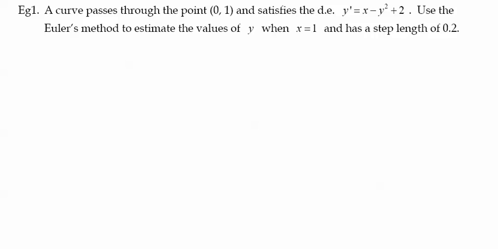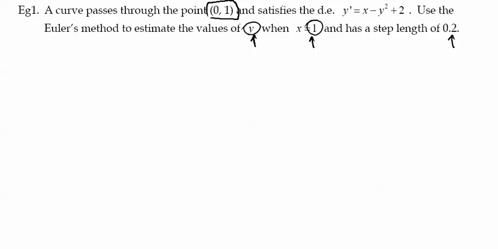So here in example number 1, using Euler's method, we are going to come up with the y value when x equals 1. So we are going to start from a point that is given, and we want to come up with the y value when we have x equals 1.